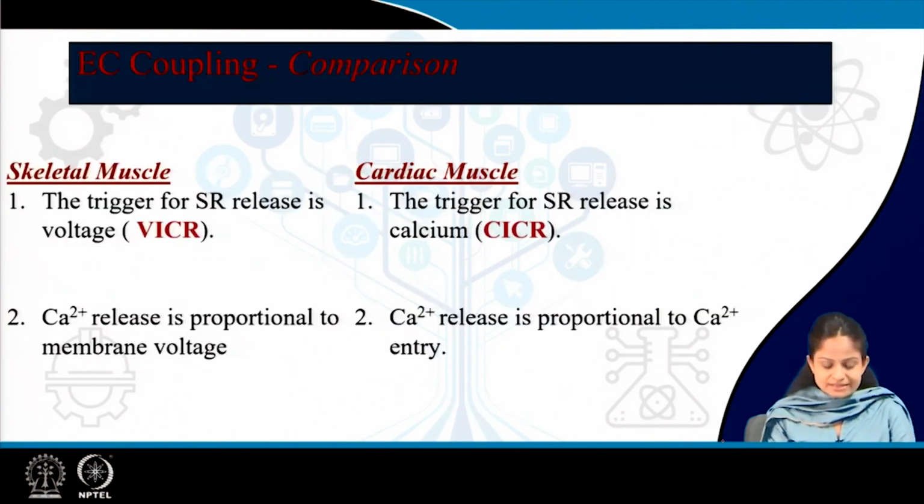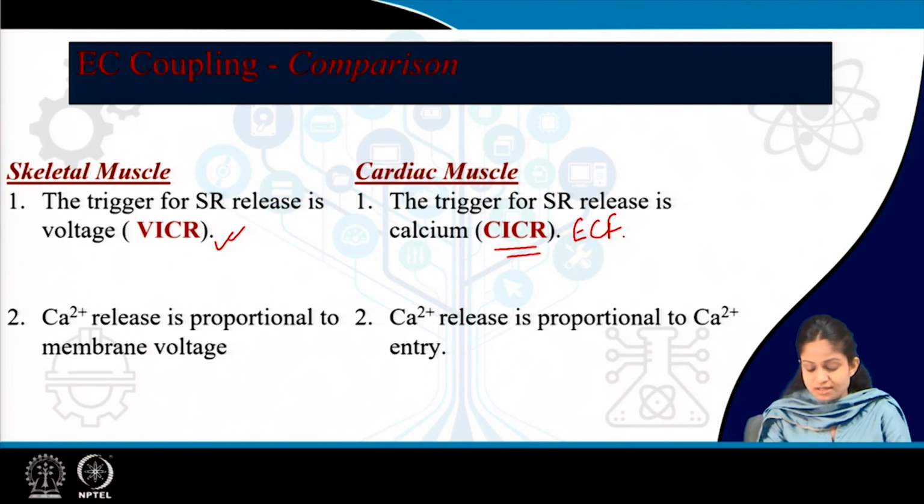The coupling comparison overall: the trigger for the sarcoplasmic reticulum release is mainly voltage dependent in case of skeletal muscle. In case of cardiac muscle, the trigger is calcium induced calcium release. A very important question which is asked is what the main influencing factor is: it is the extracellular calcium which enters the T tubule and further causes release of calcium from the sarcoplasmic reticulum.